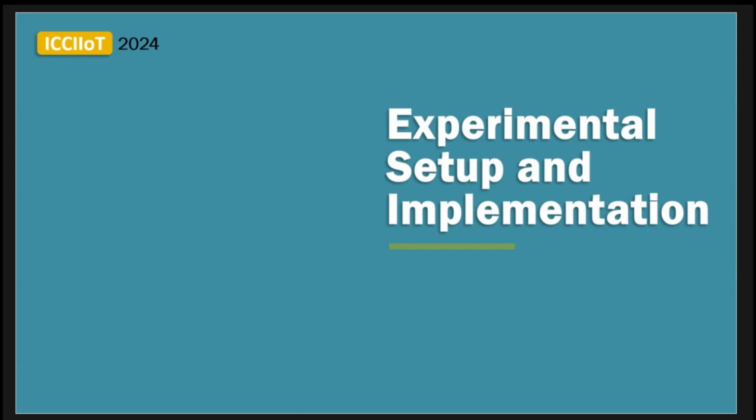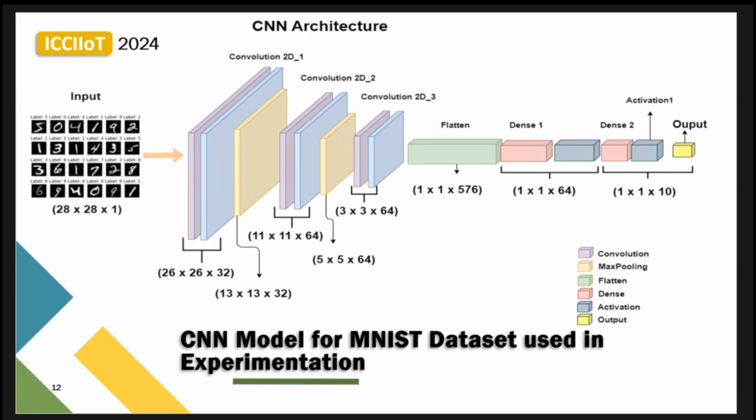Let's discuss the experimental setup and implementation. This CNN model is used in our experimentation, and the experiments were conducted on the MNIST dataset. This model is a convolutional neural network with a total of 8 layers, including 3 convolution layers, 2 max pooling layers, and 1 flattened layer.